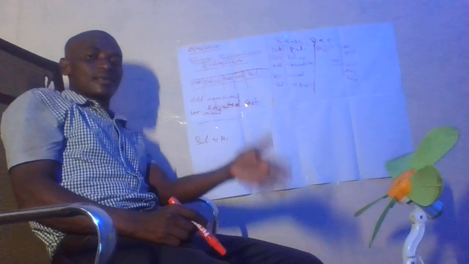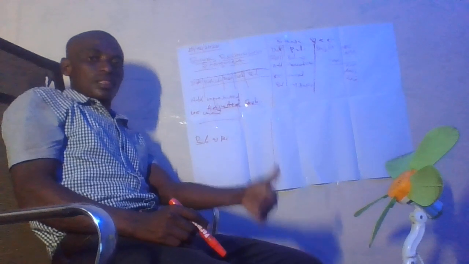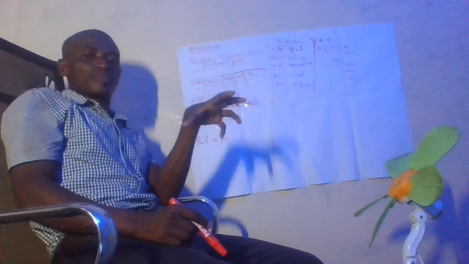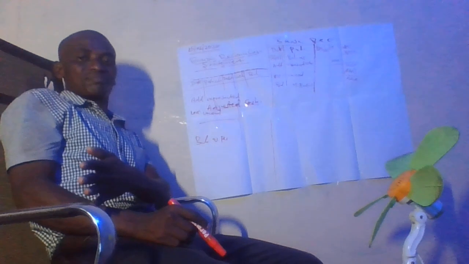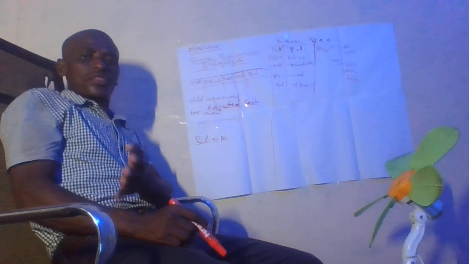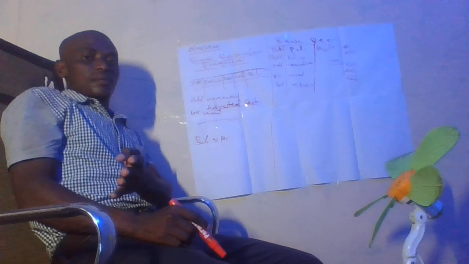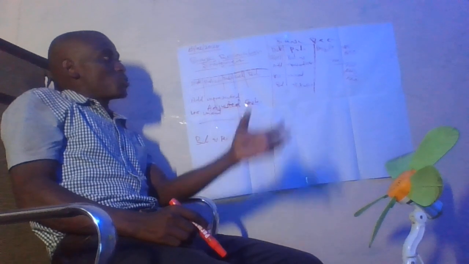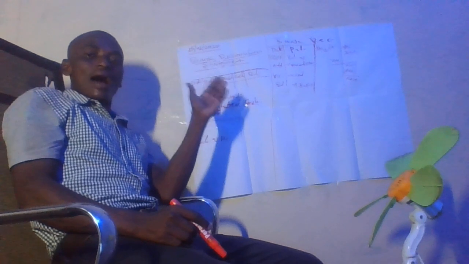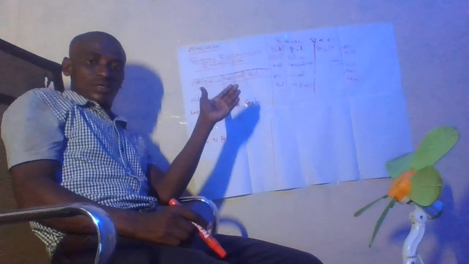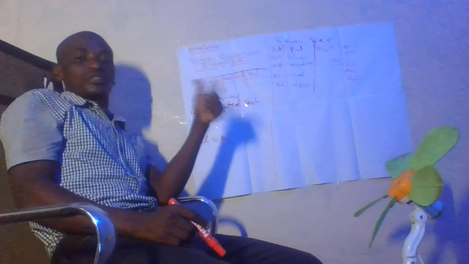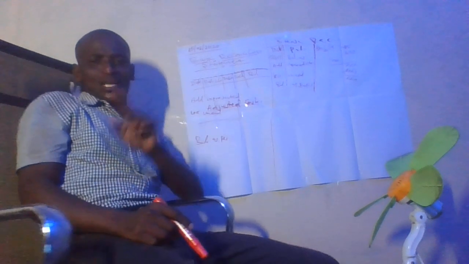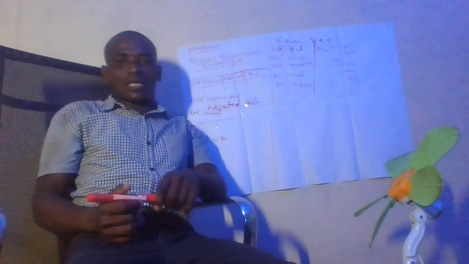You're supposed to add unpresented checks, then you less uncredited checks. You get balance as per the bank statement. Then the second formula, if you're given balance as per the bank statement, you add uncredited checks, then you less unpresented checks, then the balance will become balance as per adjusted cash book. I don't know whether you have understood at that point.